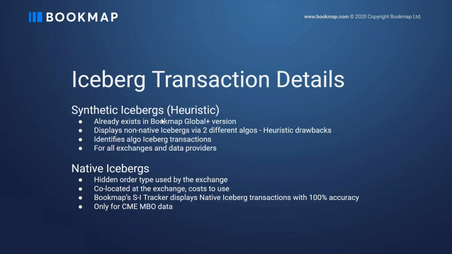Either way, we have iceberg detectors that will show both. So if you want that, you can get both for the CME. You have synthetic iceberg detectors within Global Plus. You would need Bookmap Global Plus for that. And then you would need the add-on of the MBO bundle or SI tracker for the native icebergs, and you can compare them, and you'll see that synthetic captures a lot of them as well. However, it's different. There are drawbacks to the understanding of synthetic icebergs.